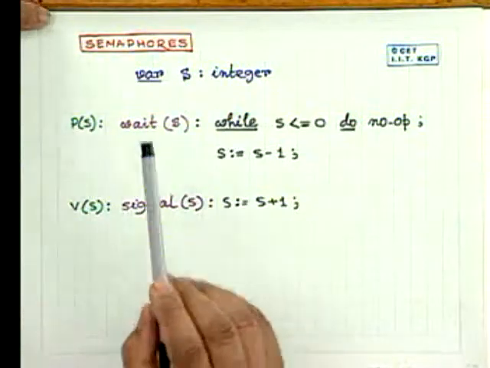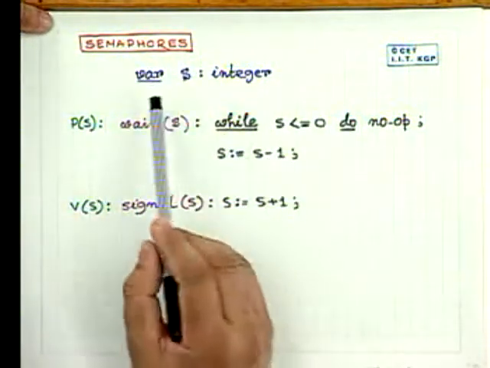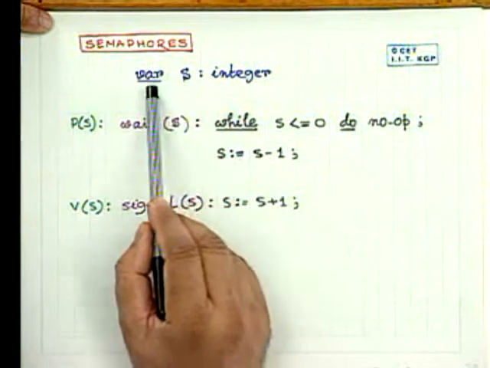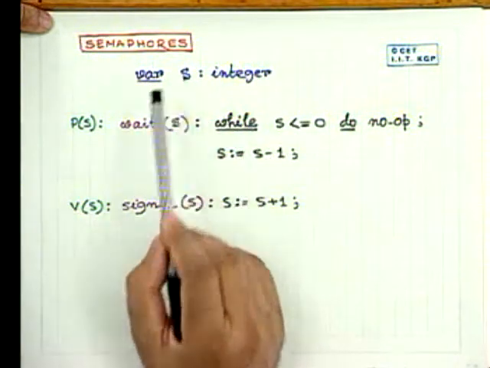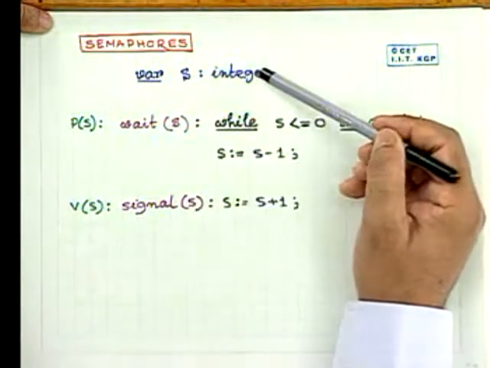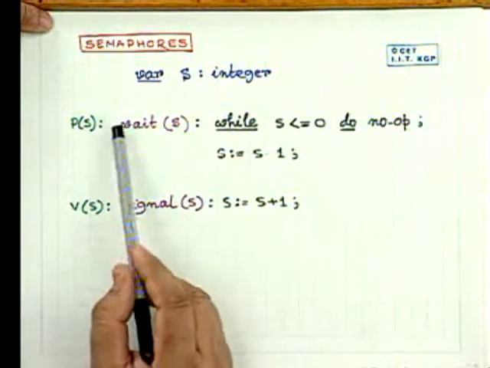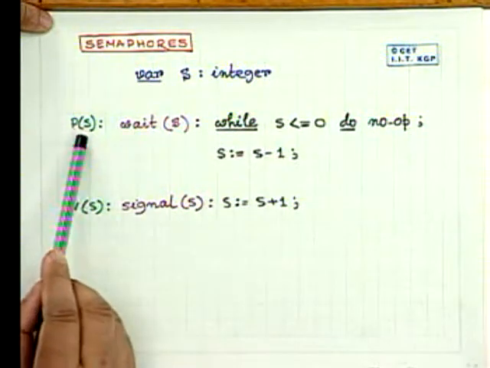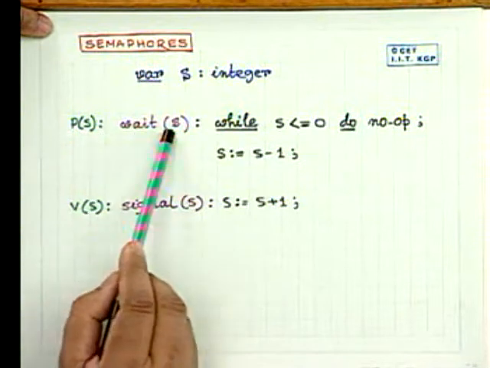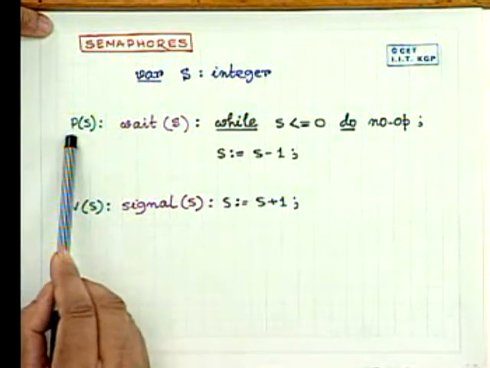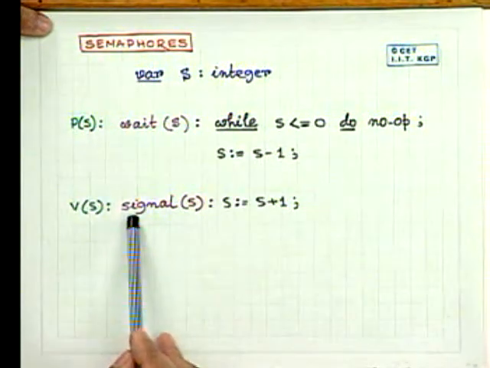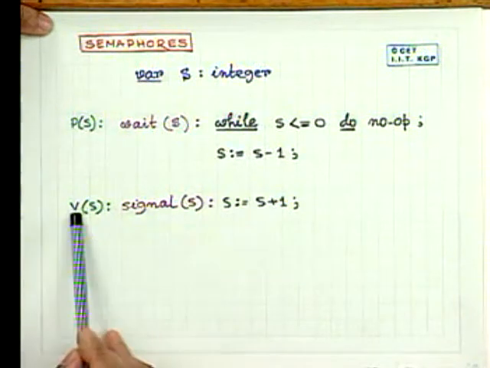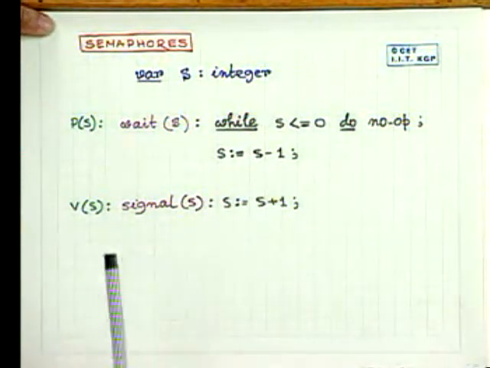Here, in the case of a semaphore, we have a variable which is an integer S, and on this variable we implement two functions. One is called wait(S), previously it used to be called P(S), and another is called signal(S), used to be called V(S), right?